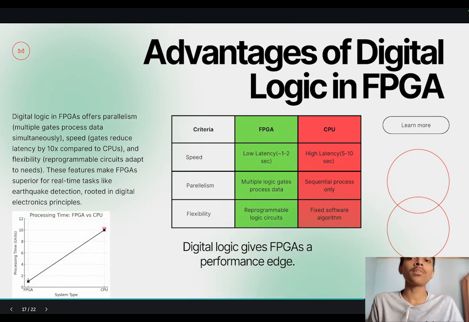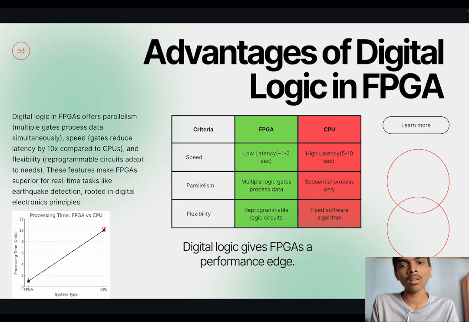Now we'll look into the advantages of digital logic in FPGA. So looking at the table, FPGA has a low latency of around 1 to 2 seconds, while CPU has a high latency of 5 to 10 seconds. And talking about parallelism, which is processing data through multiple gates, FPGA is able to process data through multiple gates, while CPU works sequentially.